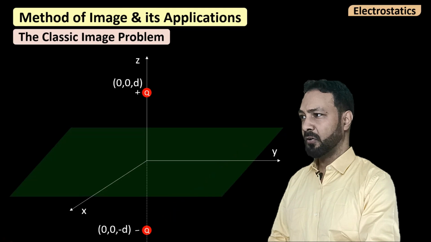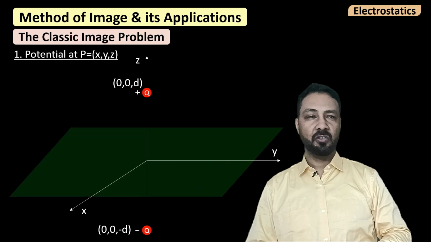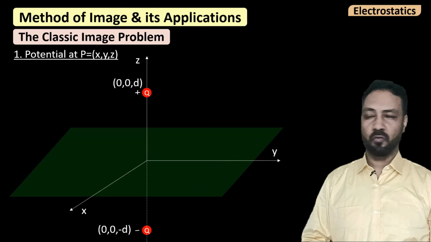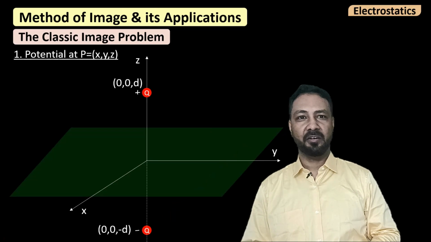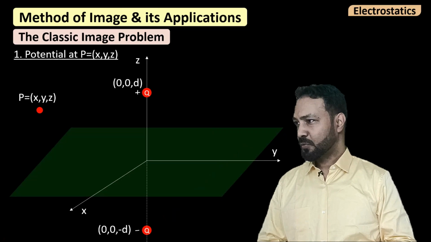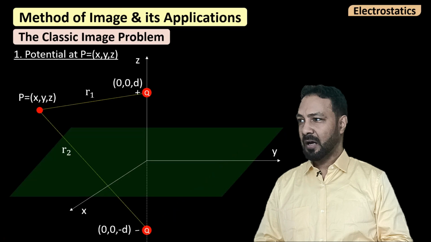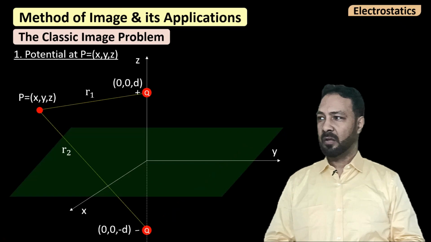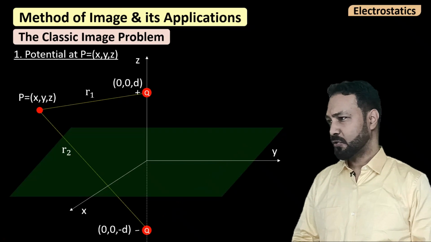We want to find the potential at the point P (x, y, z) with z greater than 0. Here is that point. Suppose P is at a distance r1 from plus q and r2 from minus q.